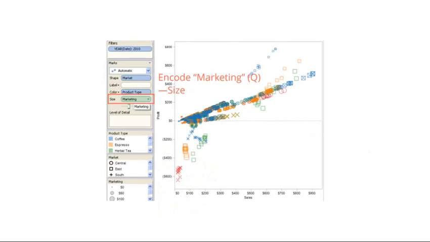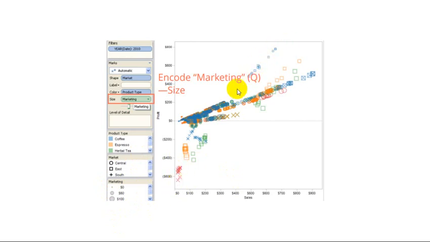Okay, so this is the same. Oh no, now we're doing all sorts of things. So now we've got the product type and the market, and size is encoding how much they're spending on marketing. So now we've really got a problem, because all that money that's being spent on tea down in the South really isn't paying off for profits.